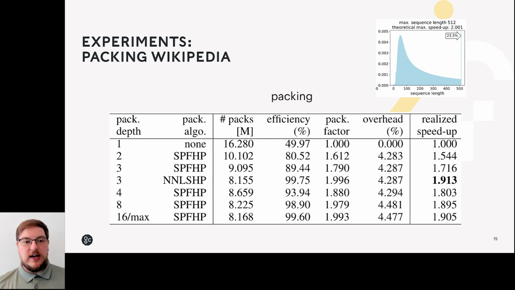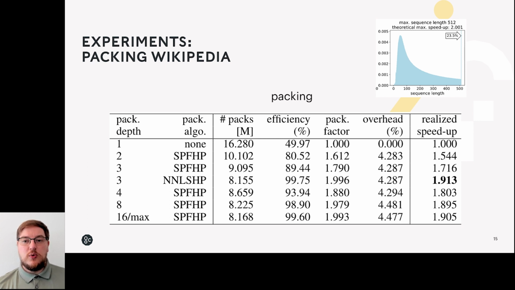If we enable a larger packing depth, that means allowing to combine more samples together, we get a better efficiency, up to 99.75%. The best performance we achieve with the offline NN-LSHP algorithm. You can see we get a packing factor of almost 2, which is very, very close to the optimum.